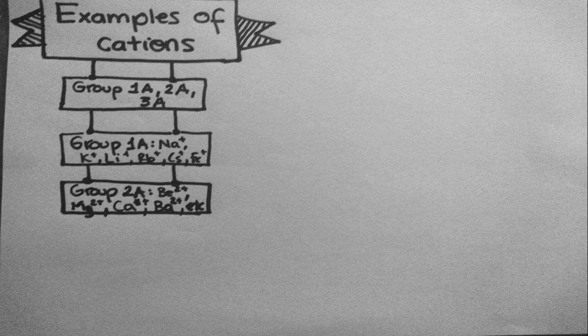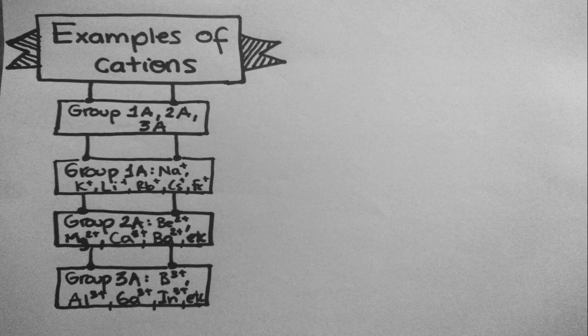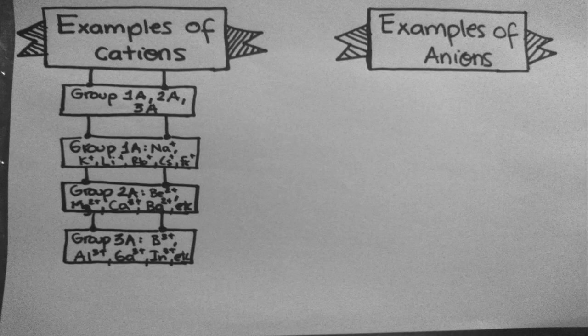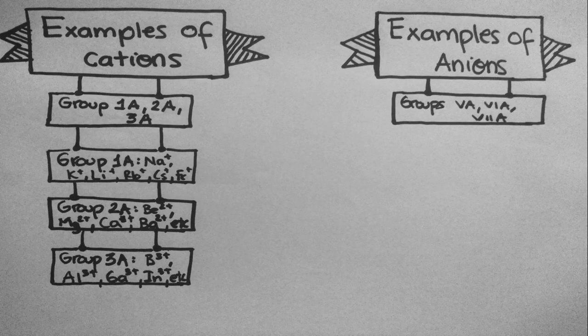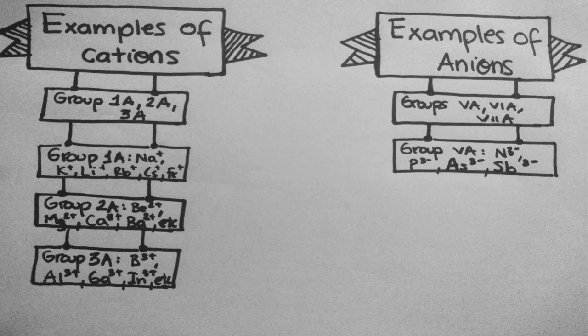So, the elements that are in group 3A, such as boron, aluminum, gallium, indium, among others, all of these have a charge of 3 positive. Okay? On the other hand, we have some examples of anions. These are found in groups 5A, 6A, and 7A. The elements in group 5A are nitrogen, phosphorus, arsenic, antimony, among others.